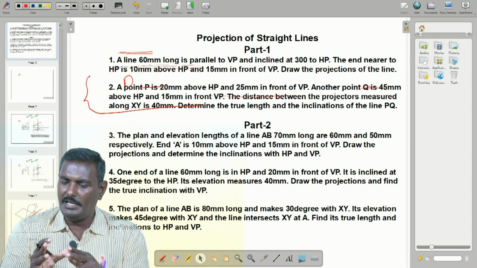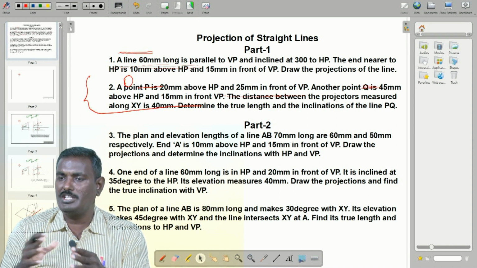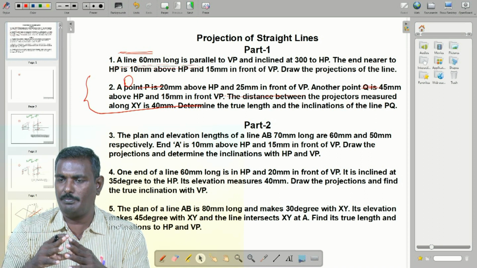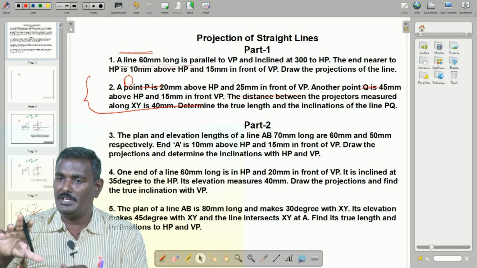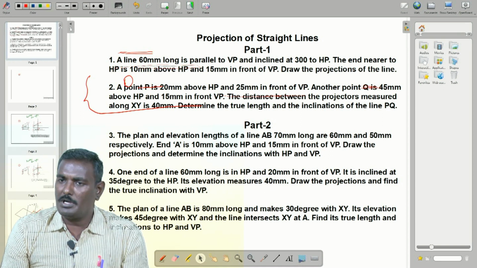End A is 10 mm above HP and 15 mm in front of VP. Draw the projections and determine the inclinations with HP and VP. So how do we start this problem?